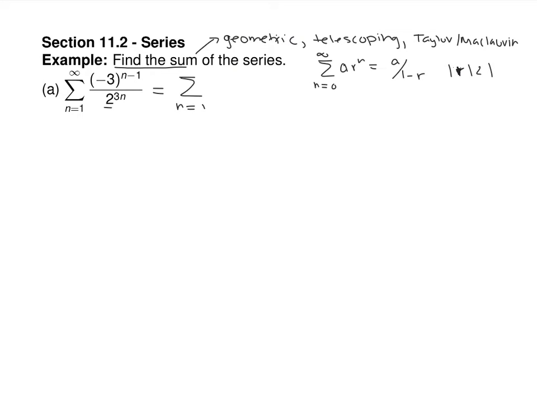to the n. So negative 3 to the n minus 1 over 8 to the n. And that's because 2 to the 3n is the same thing as 2 to the third to the n, and 2 to the third is 8. Now we reindex and we let this equal a sum from n equals 0 to infinity.